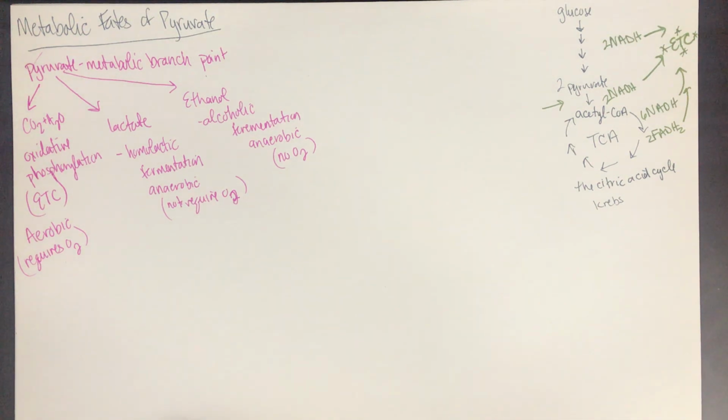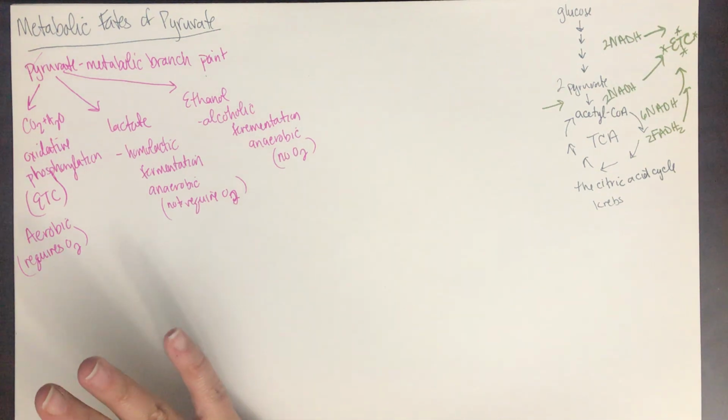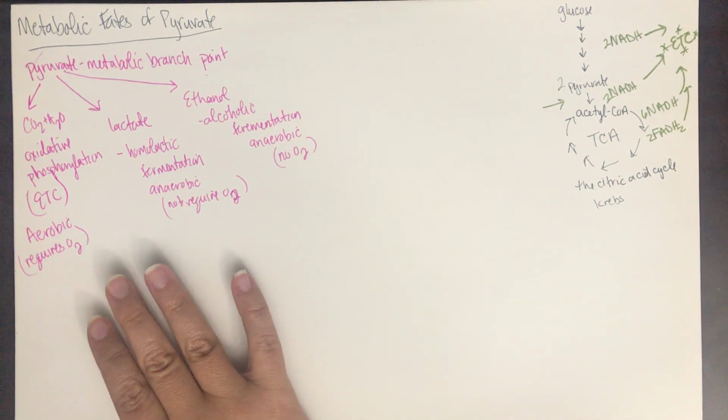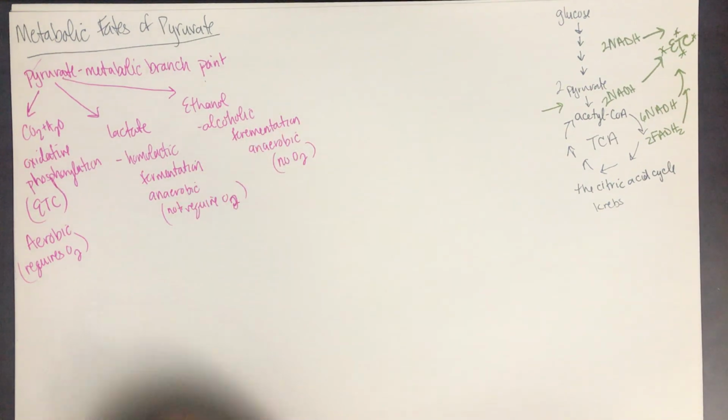So lactic acid fermentation happens during times of strenuous exercise. It does produce hydrogen ions in lactic acid, and that's what causes your muscles to burn when you're exercising. It's not what causes your muscles to be sore the next day. Sometimes you hear people talk about that where they say their muscles are sore the next day and they say they have a buildup of lactic acid in their muscles.